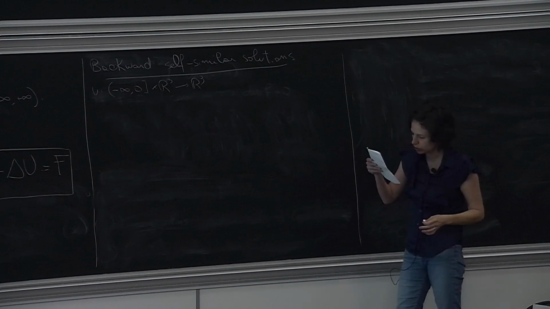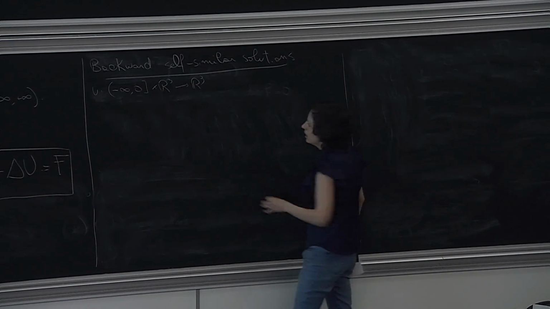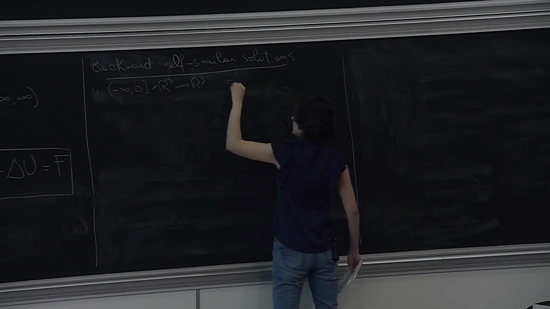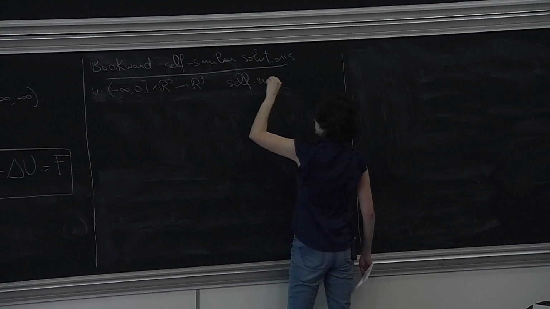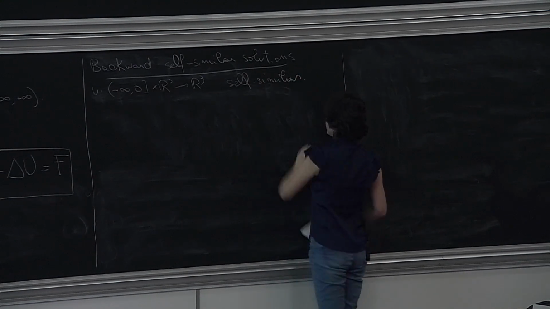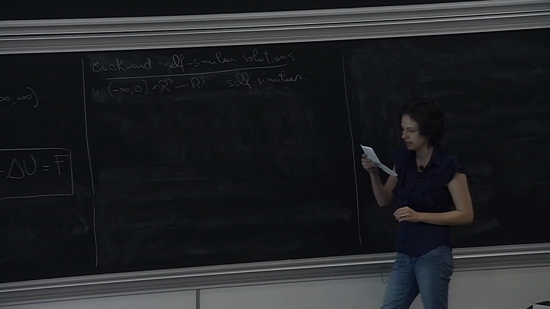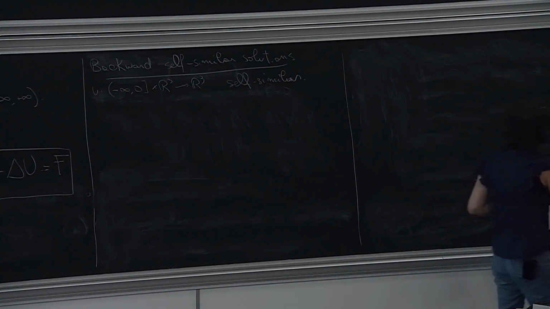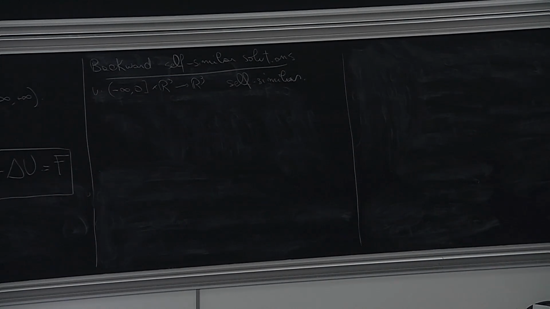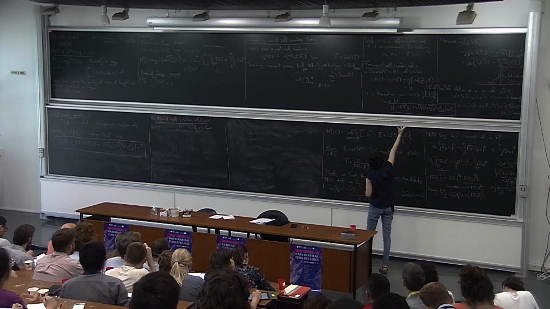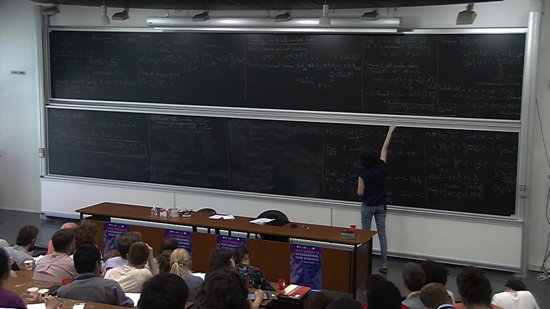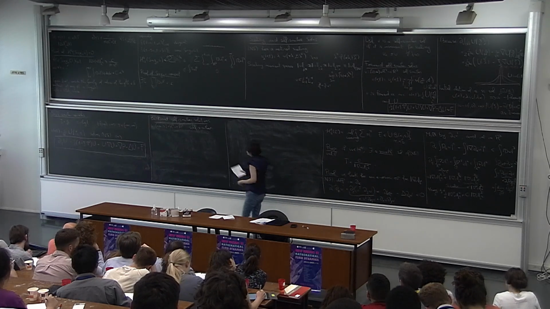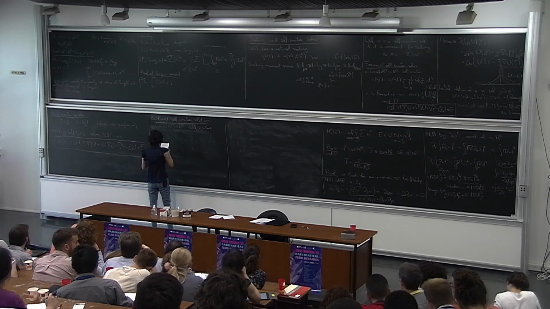So a backward self-similar solution is a solution defined on negative times and self-similar. Okay. In this case, I can redo the trick to say, okay, it's generated by a profile, but I have to do that trick with the square root of minus t as a gauge.